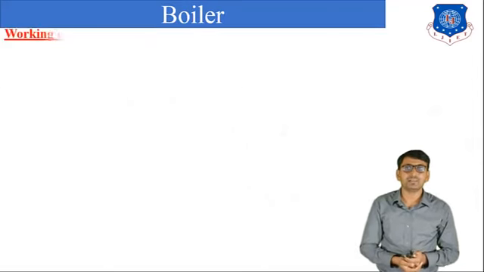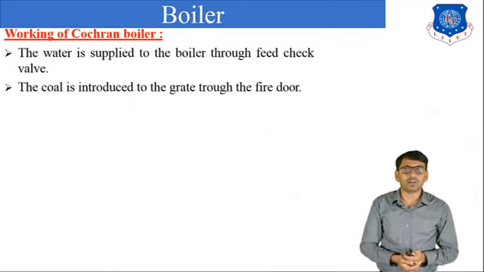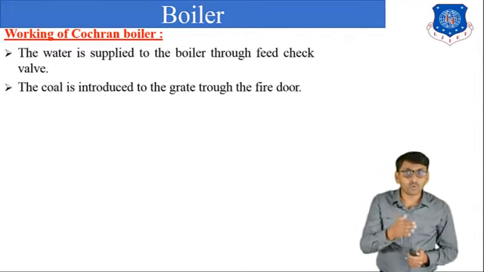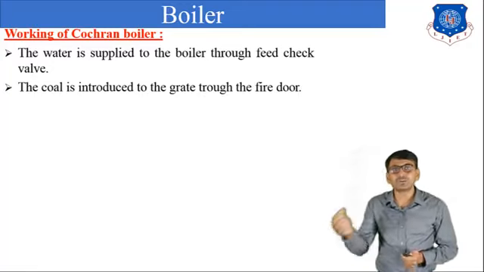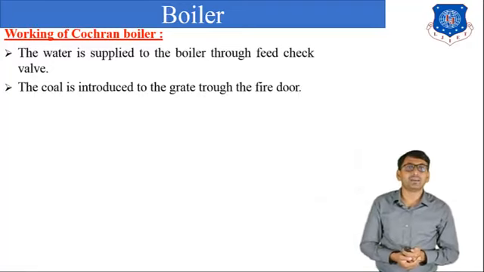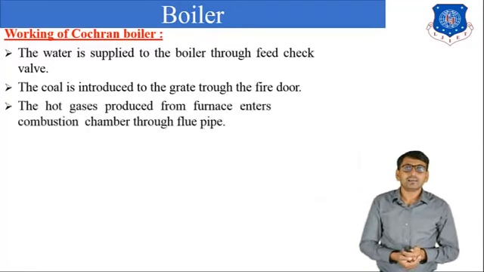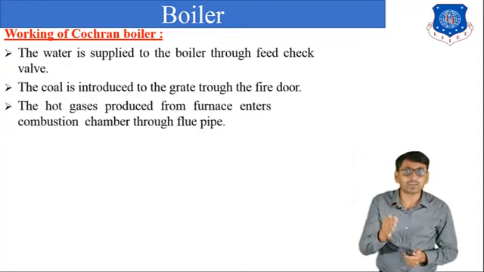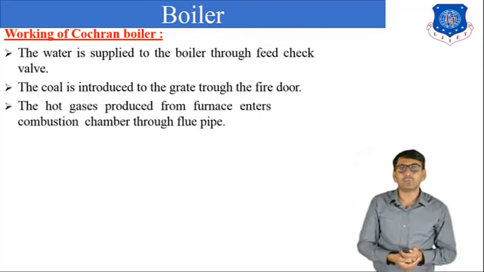Okay. Now the working of Cochran boiler. Water is supplied to the boiler from the feed check valve. Then coal is introduced to the grate through the fire door. Then the hot gas produced from the furnace enters the combustion chamber through the flue pipe.